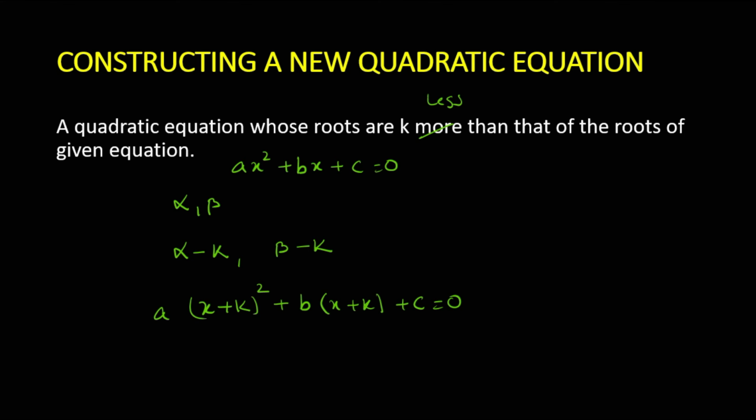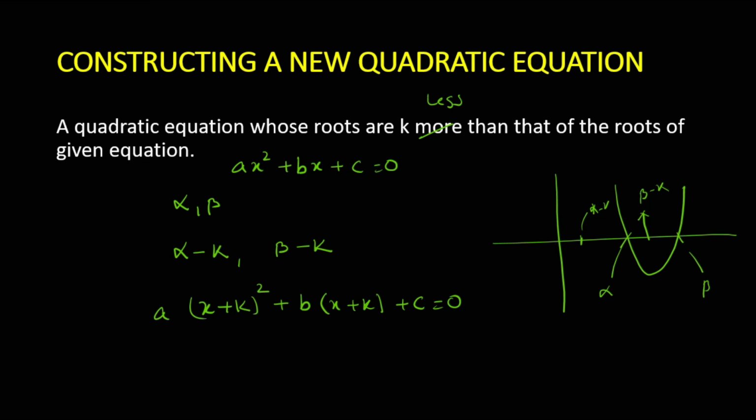Now if we plot the graph, suppose this is the x and y axis and the roots are like this, this is alpha and this is beta. So the new roots are alpha minus k and beta minus k. Suppose the new roots are decreased by k, so this is beta minus k and this is alpha minus k.